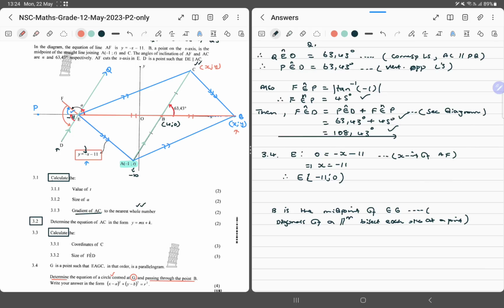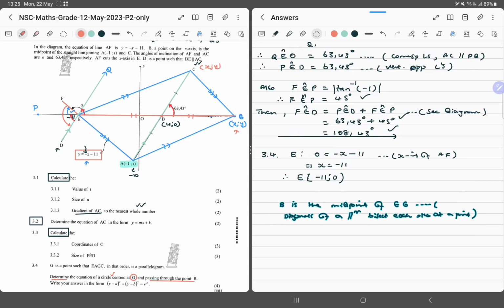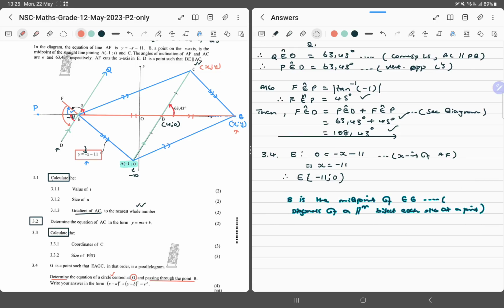Okay, and then we take our friend right here. We can say here, B is the midpoint of EG, and we put that reason, that the diagonals of a parallelogram bisect each other.